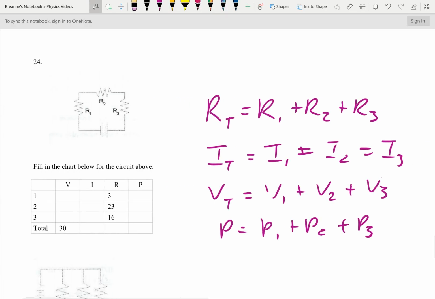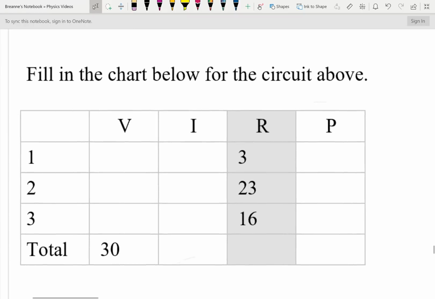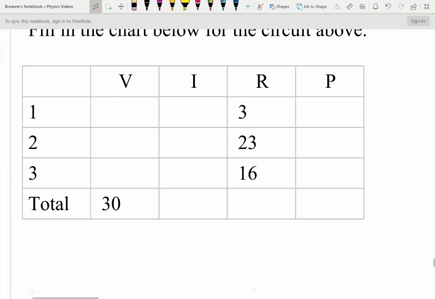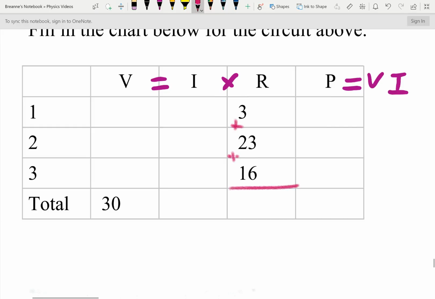So now, how this is handy is because you can see what's constant, what equals what, and everything like that. So we can go ahead and put this equals that times that. And we know this equals V times I. Now for your resistance, we're just going to add those up.